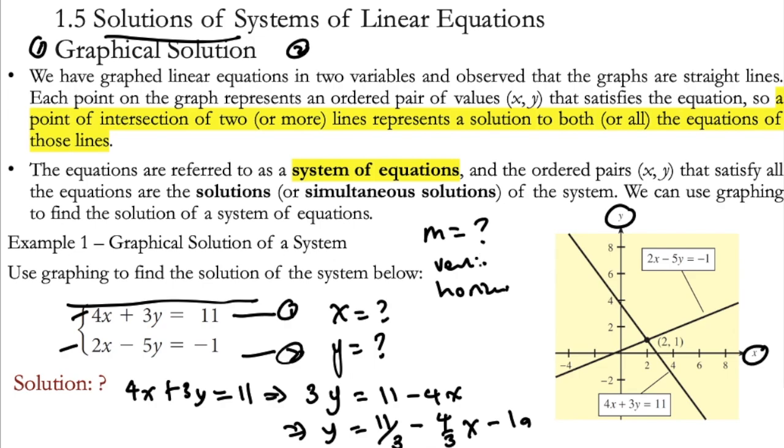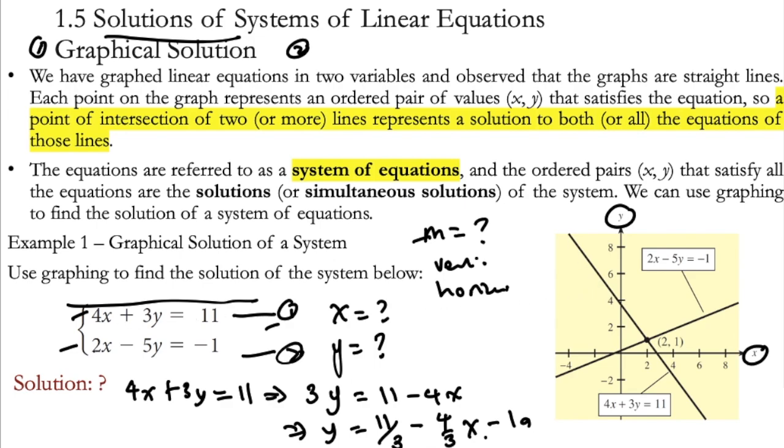So this is the thing that we have learned earlier, so I don't want to show in detail anymore for this exercise. Once you have the vertical intercept, horizontal intercept, the m and the equation, you can join the vertical intercept and horizontal intercept here to get the line. So for the first one here, 4x plus 3y is given by this line, the downsloping one.